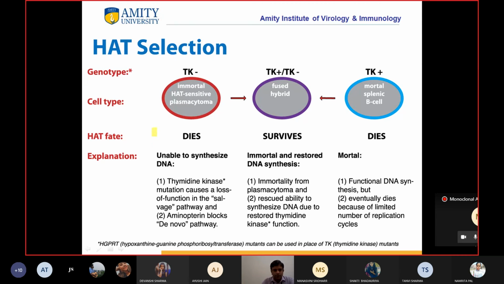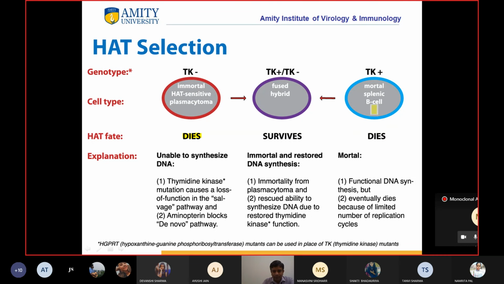When we talk about these myeloma cells, we have already taken out the TK gene. So this dies, because this cell is not able to use the de novo pathway, and this cell is not able to use the salvage pathway.